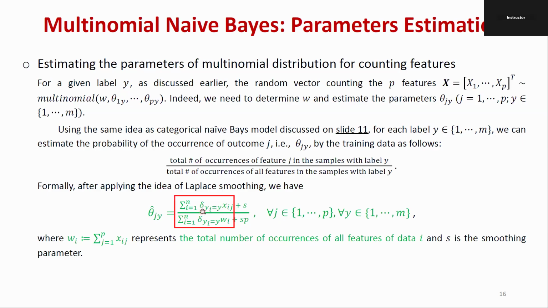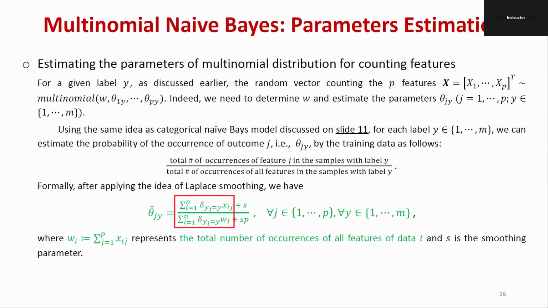This forces the label to be y; otherwise the delta is 0 and you add nothing. In the denominator, it is the total number of occurrences of all features, summing x_ij over j, for the samples with label y.